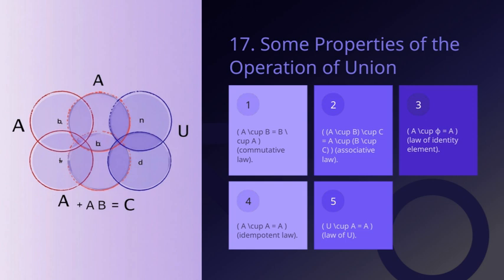And finally, the commutative law indicates that A union B is the same as B union A. The order in which we union sets doesn't matter. These properties are foundational because they help us understand how union behaves logically and mathematically, tying into the broader theme of set operations and their characteristics.